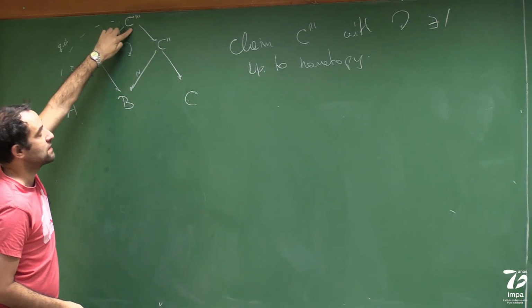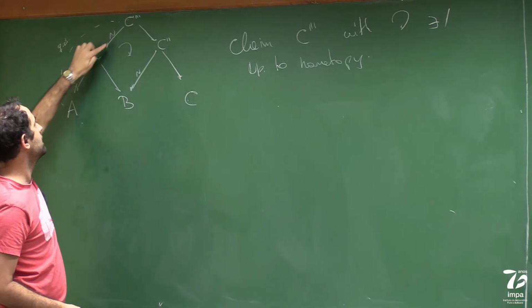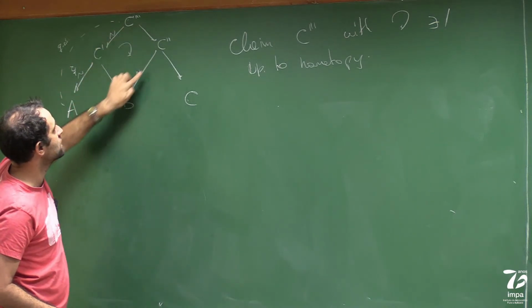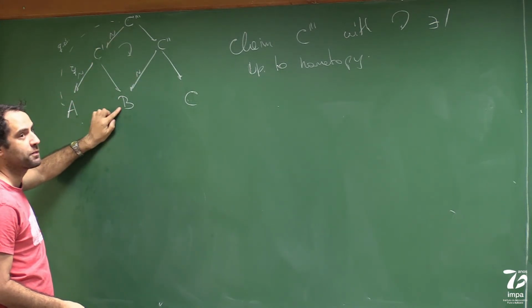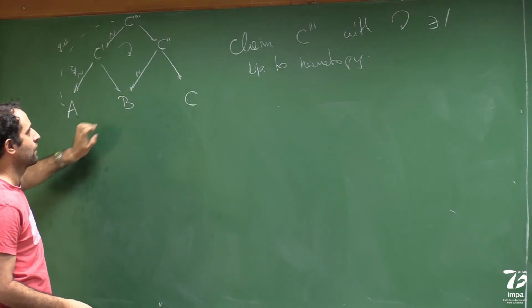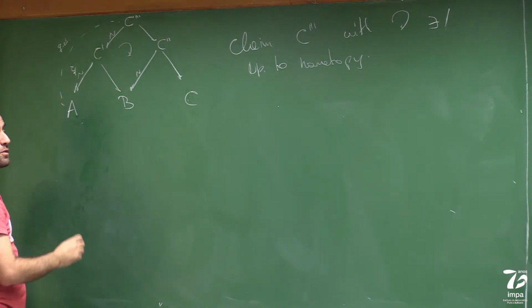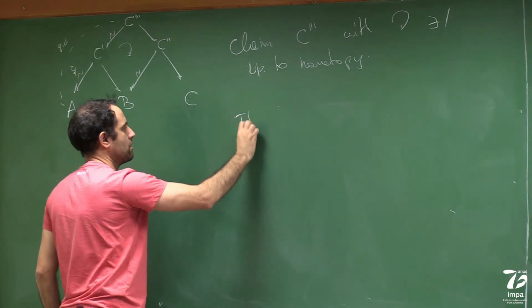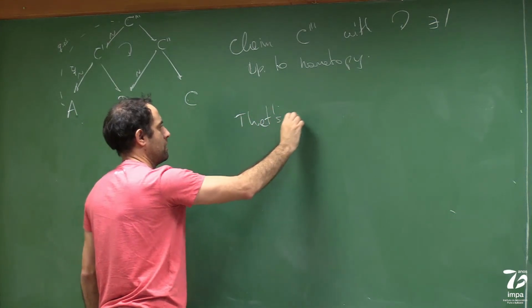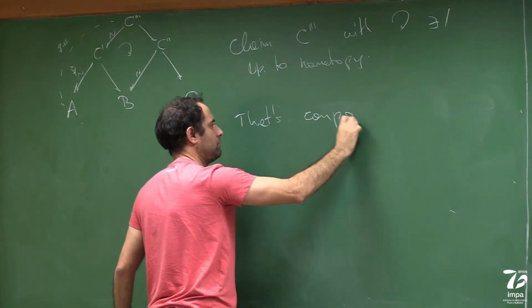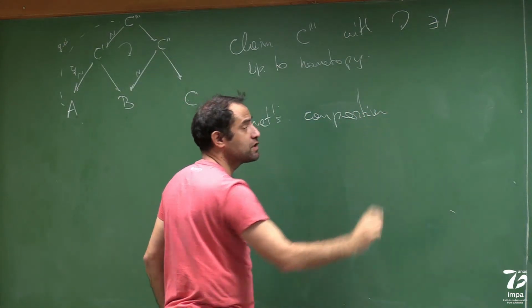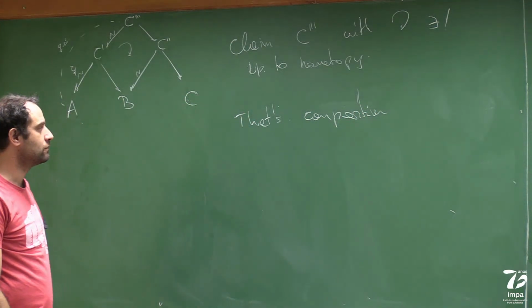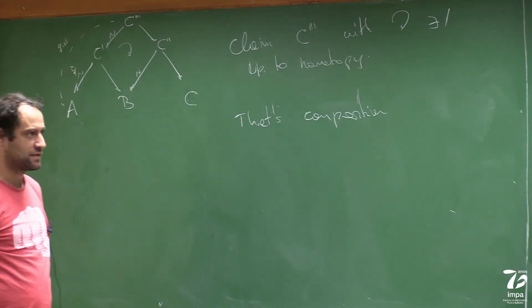So that gave us this object. This is a quasi-isomorphism, and this diagram commutes up to homotopy. So this gives us a composition. So that's the composition. And now I need to check that composition is well defined. No, sorry. That composition is a composition.